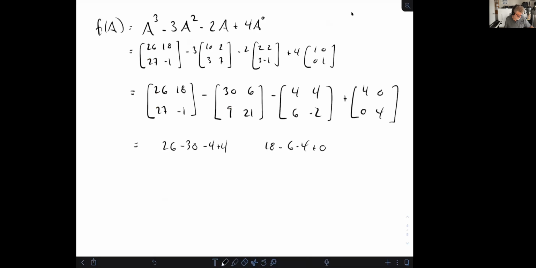I'll put the brackets after. Cleaner. 27 minus 9 minus 6 plus 0. And then minus 1 minus 21 minus 2 plus 4.